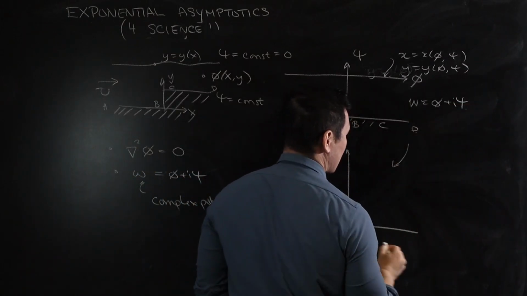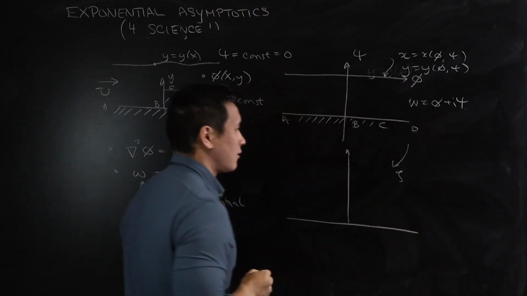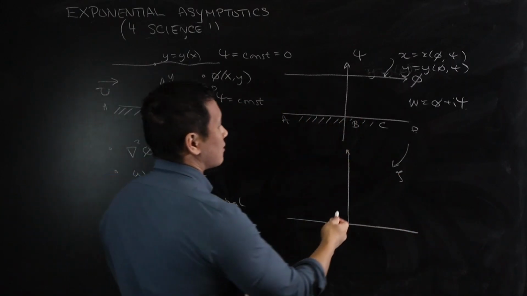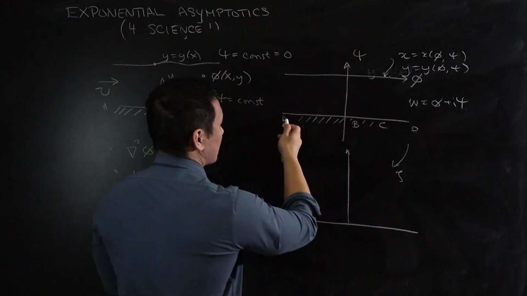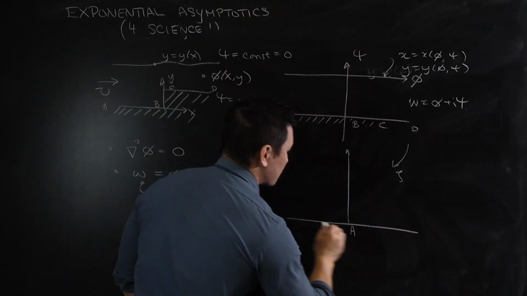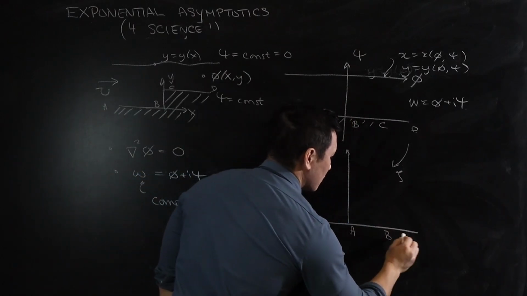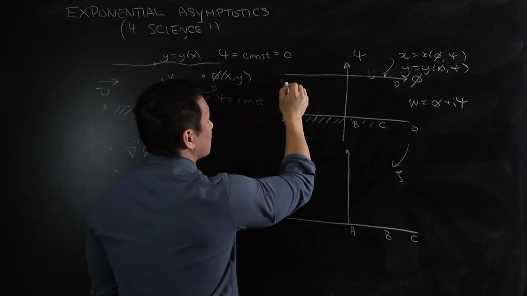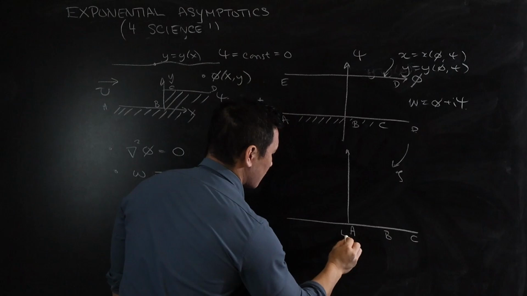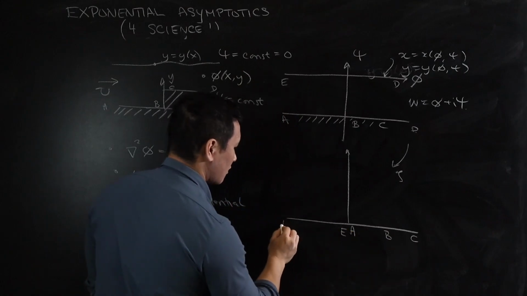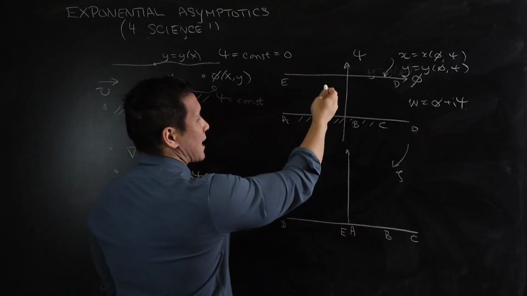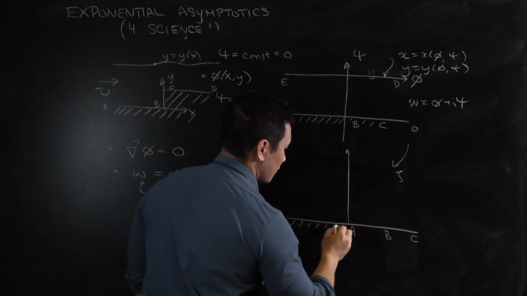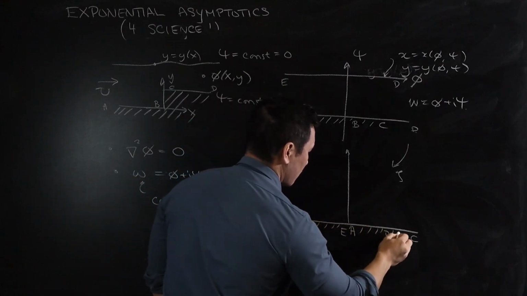And I want to send it to the zeta plane. And in the zeta plane, you're going to take A at this point here, B, C. If I call this D, E, then E and D.